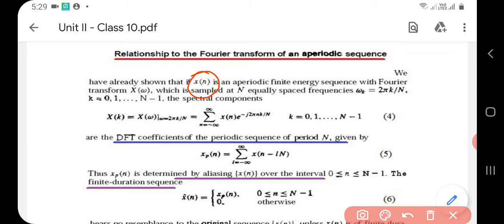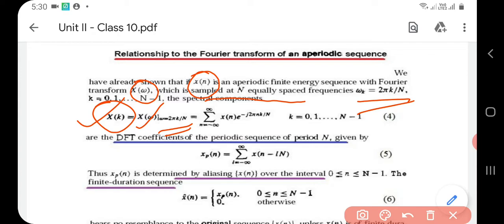Let x(n) be an aperiodic finite energy sequence and let X(omega) be the Fourier transform. Let the sampling be done at omega_k equal to 2 pi k by N. Then the frequency components are given by the DFT: X(k) equals X(omega), where X(omega) is the Fourier transform sampled at omega equal to 2 pi k by N.